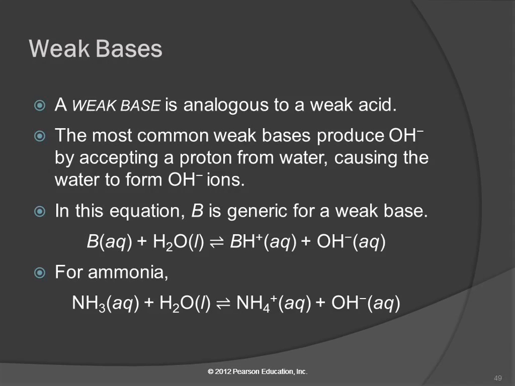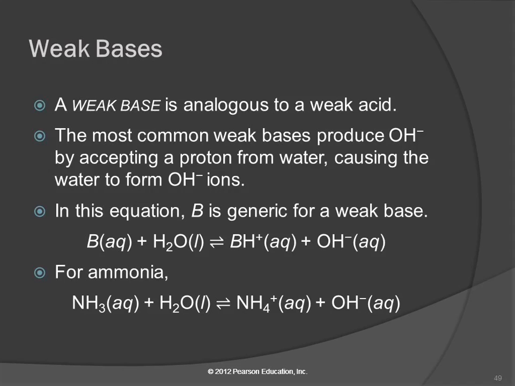Weak bases, like the weak acids, do not ionize completely. Most of the weak bases produce hydroxide ions not because that's one of the ions in their formula, but because they're accepting a proton from the water, and that results in the water becoming hydroxide ions.